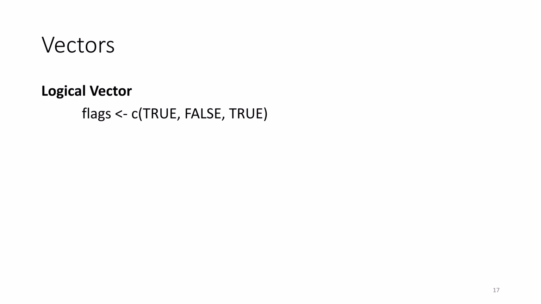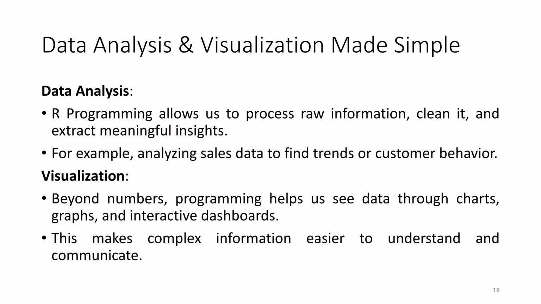A logical vector stores TRUE or FALSE values. For example, flags = c(TRUE, FALSE, TRUE) creates a vector containing 3 logical values.